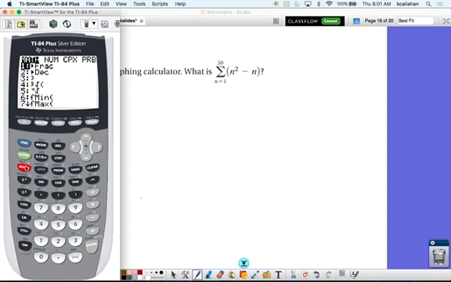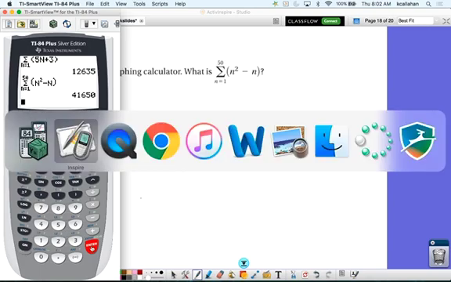I'll use the math menu this time. So let's put an n, alpha log, equals 1 to 50. And we can put in alpha n squared minus n. And if that looks good, then you hit enter, and it looks like the answer is 41,650.